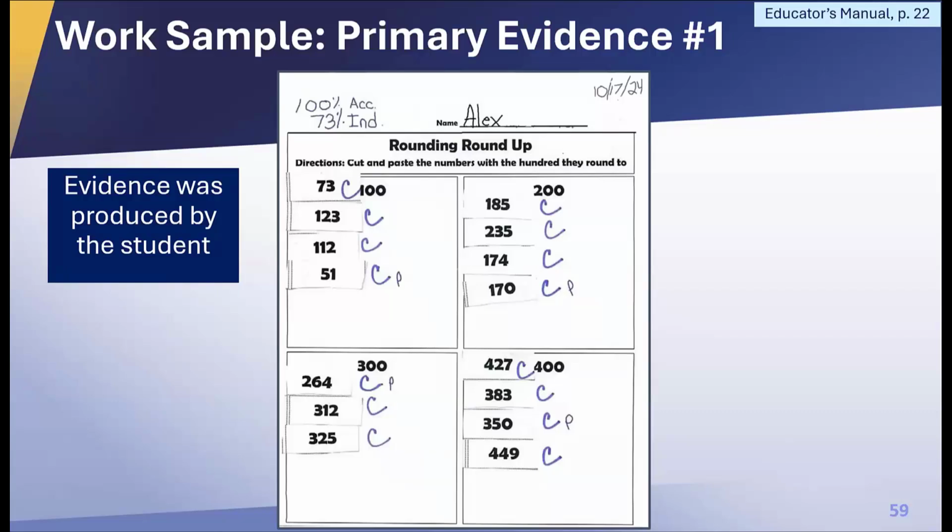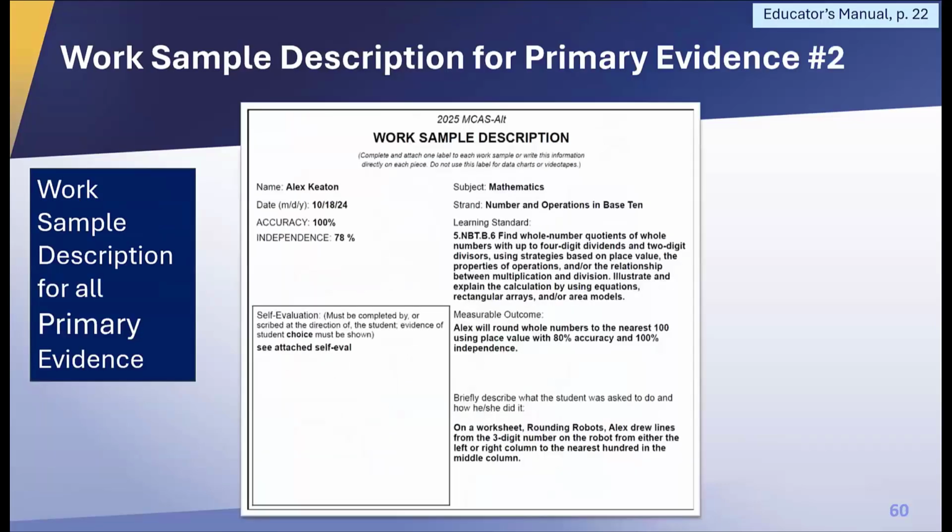So here's the evidence that's produced by Alex, and you can see that it was about rounding. So that's the first piece of primary evidence. And then we'll have a second piece of primary evidence. So that same information is on there. You could see here, and I'll talk about it in a few minutes, the self-evaluation. You can attach it, you can put it here. There's a lot of different ways to do that. But this is the work sample description, and there are two.